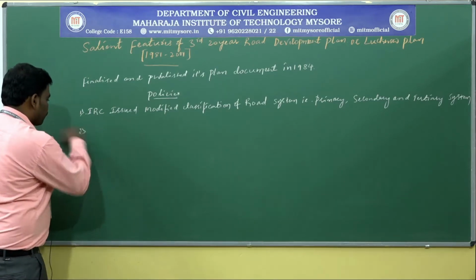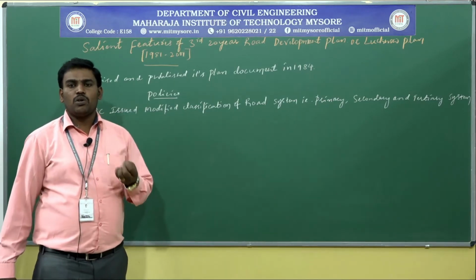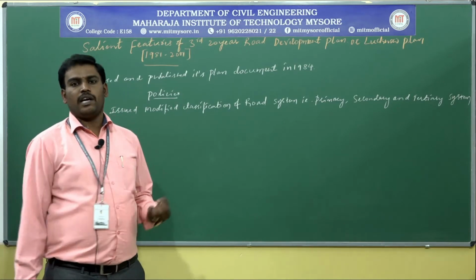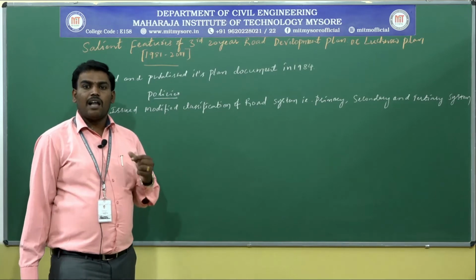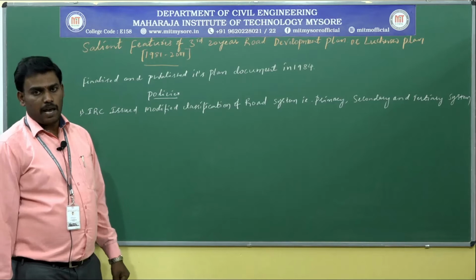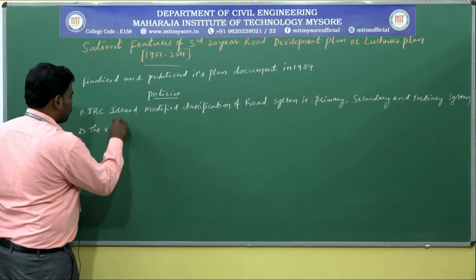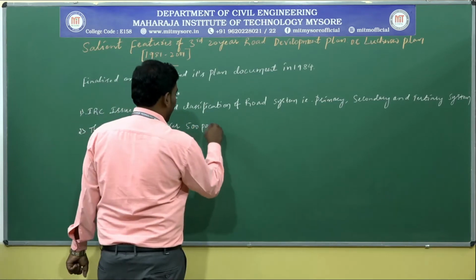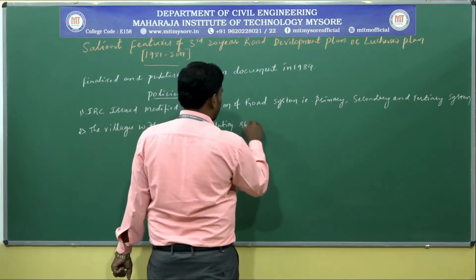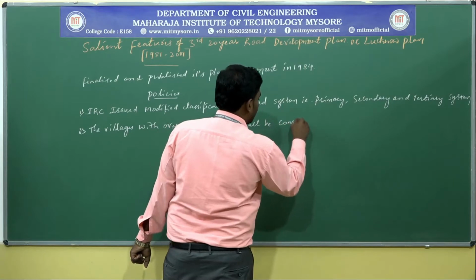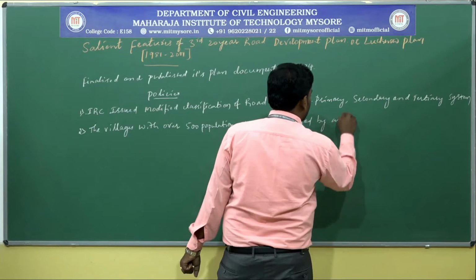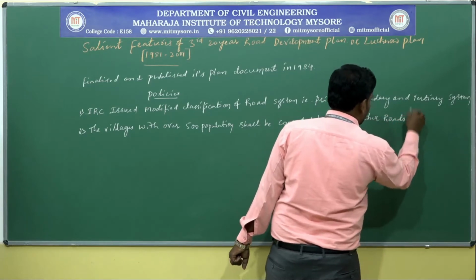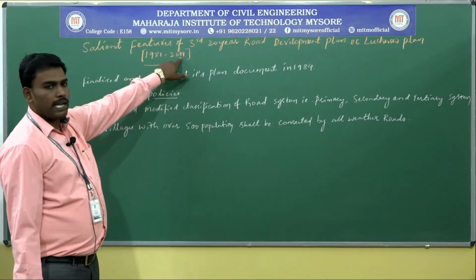And the second one is that villages with population more than 500 as per the 1981 census shall be connected by all weather roads by the end of this plan, means by 2001.